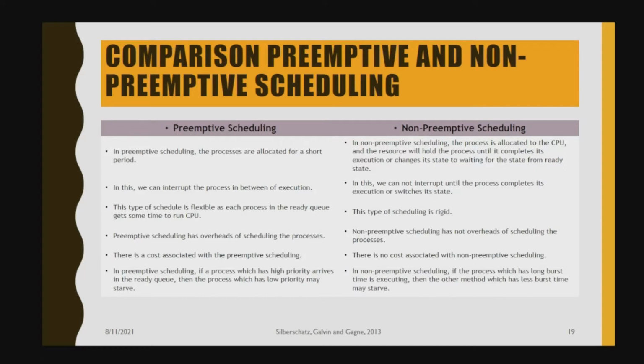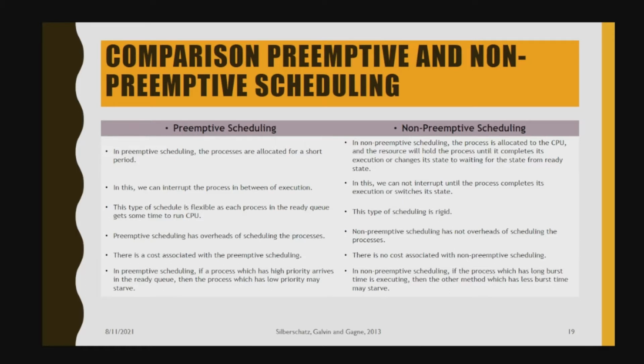The second part: in preemptive scheduling, we can interrupt the process in the middle of execution, while in non-preemptive scheduling, we cannot do the interruption. We need to wait until the process completes, then we can go for another process. Preemptive scheduling has overhead of scheduling the processes, while non-preemptive scheduling has no overhead.